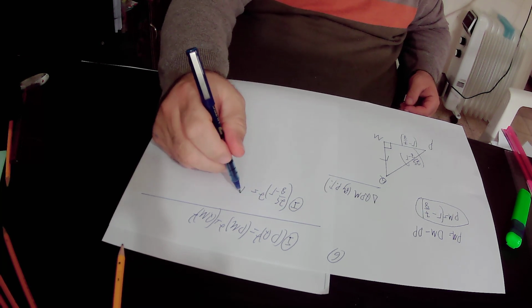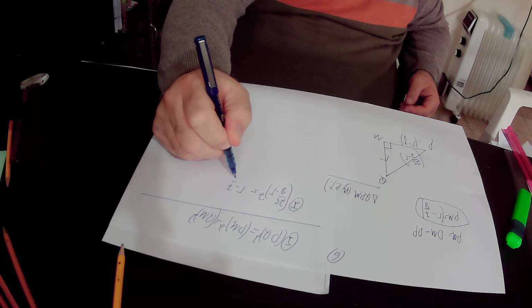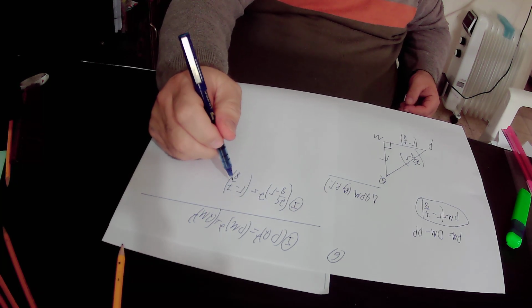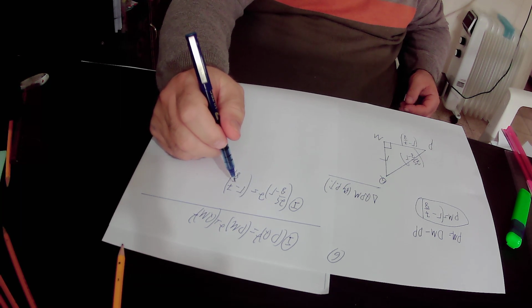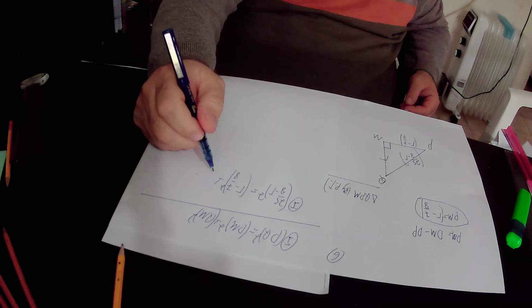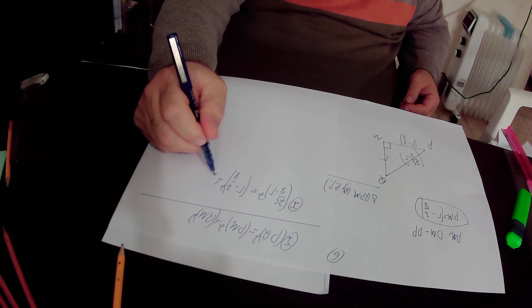PM equals r minus 7/8, therefore PM square will be (r minus 7/8) square, plus QM square. QM equals r, so QM square will be equal to r square.